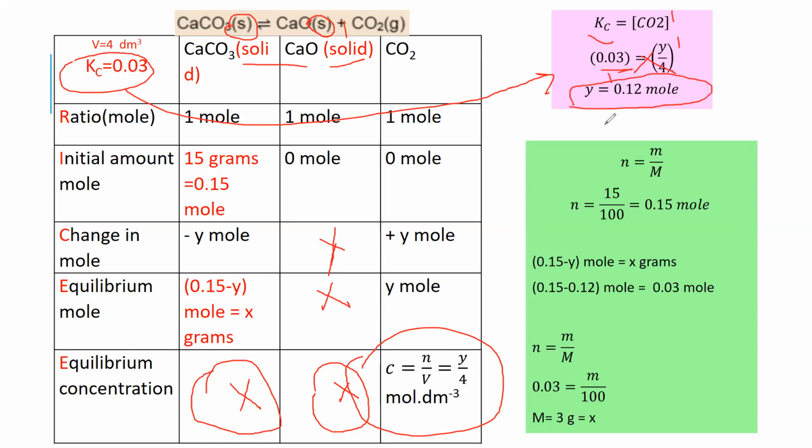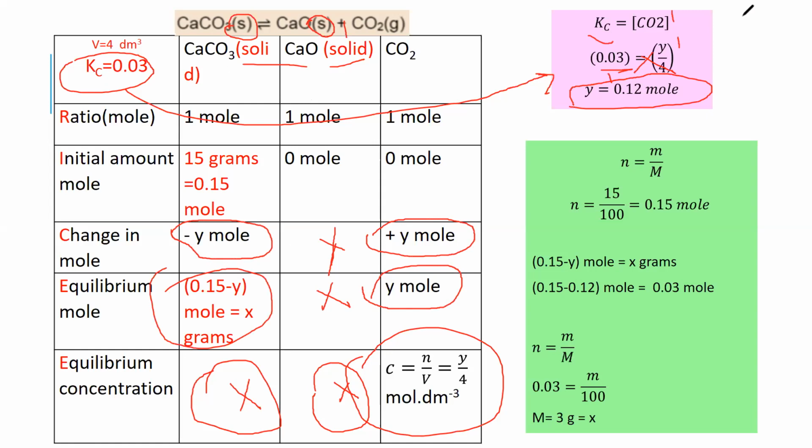That is how many moles of carbon dioxide produced until it reaches equilibrium, how many moles of calcium carbonate will be used until the decomposition of calcium carbonate reaction reaches equilibrium. So we want to calculate this.